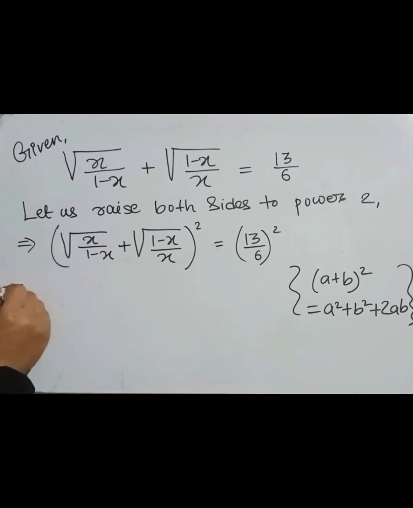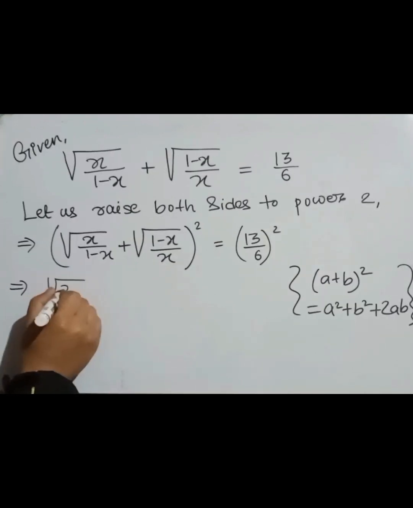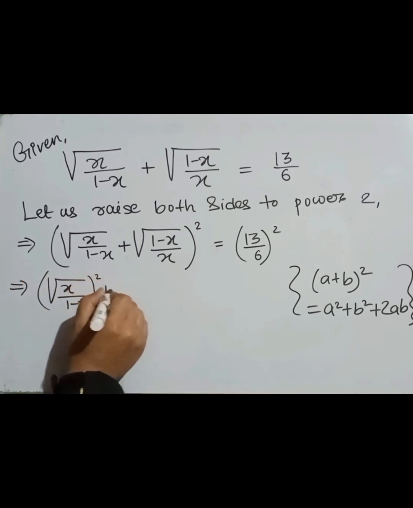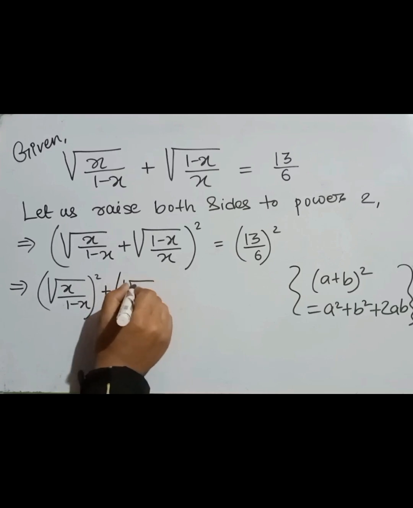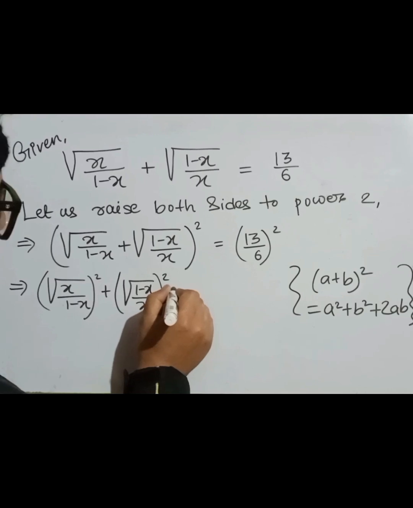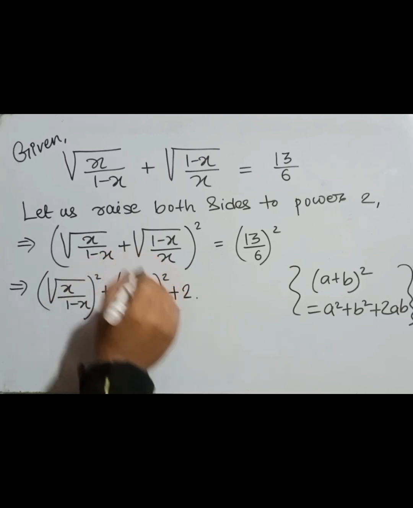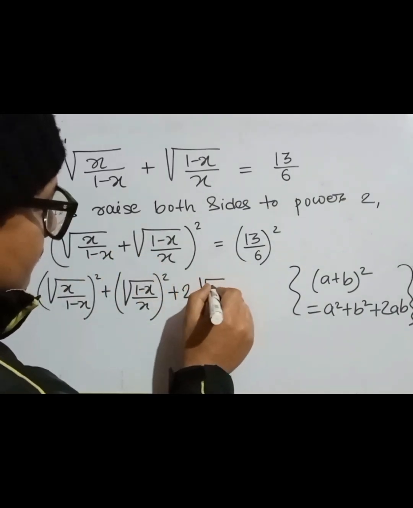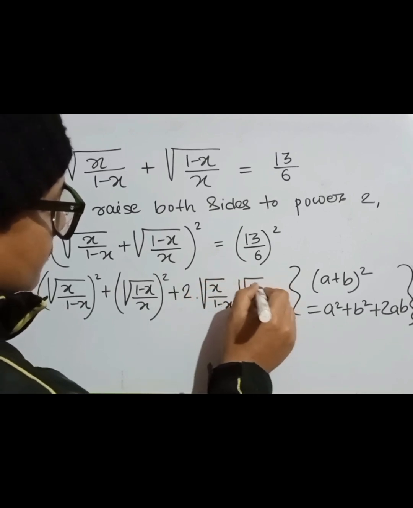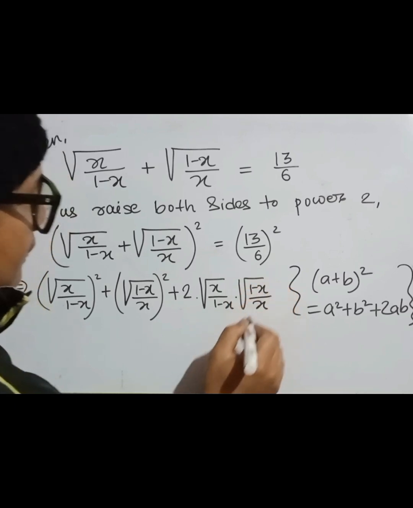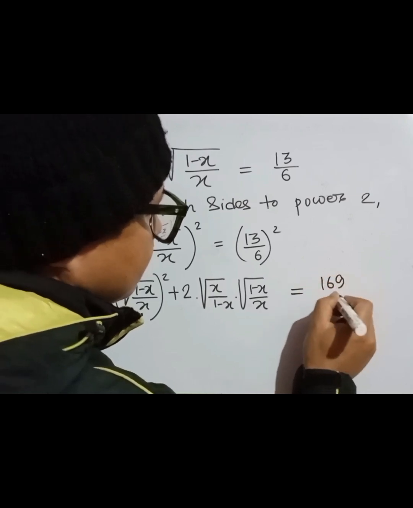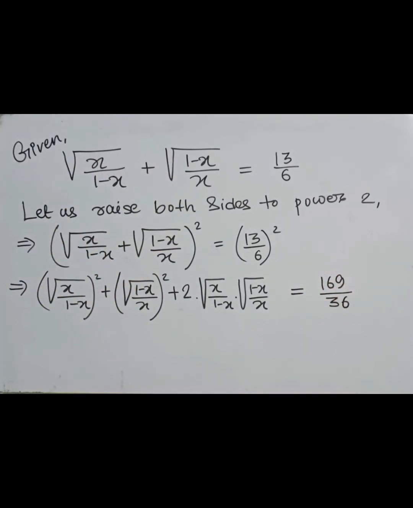Now we can open it and this becomes the square of the first term, that is (√(x/(1−x)))², plus the square of the second term (√((1−x)/x))², plus 2 into the product of these two terms, 2 into √(x/(1−x)) into √((1−x)/x), and the right hand side is equal to 13 square is 169 upon 6 square is 36.